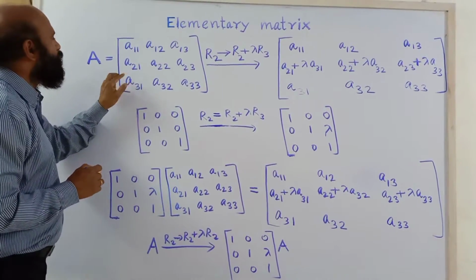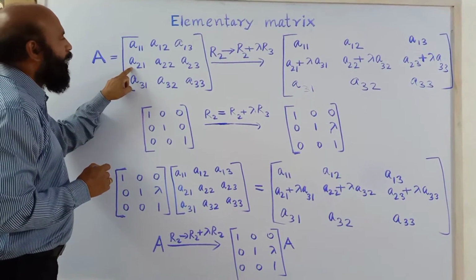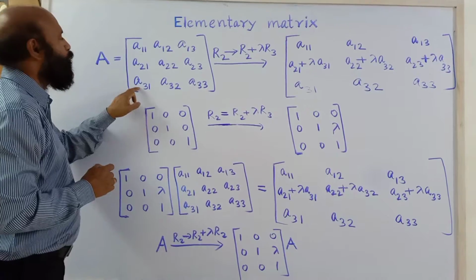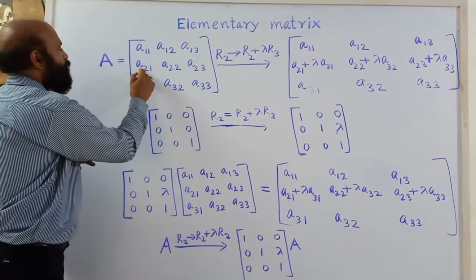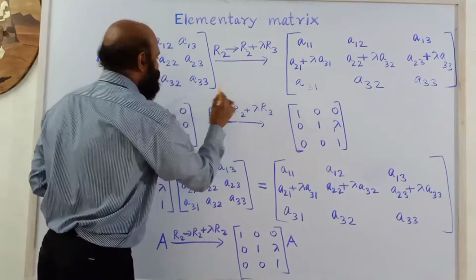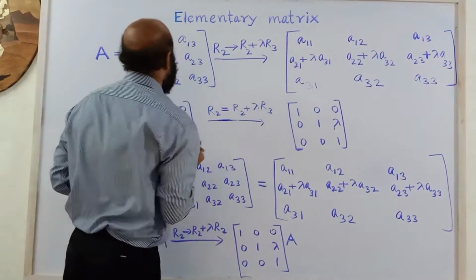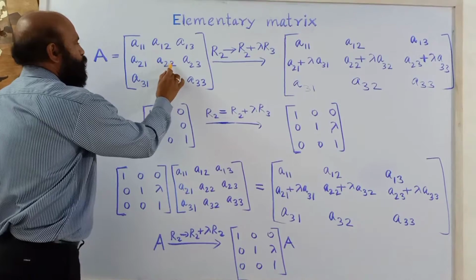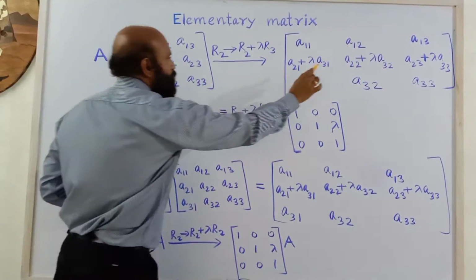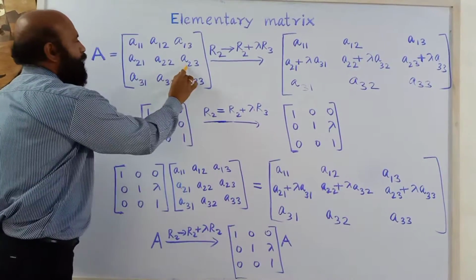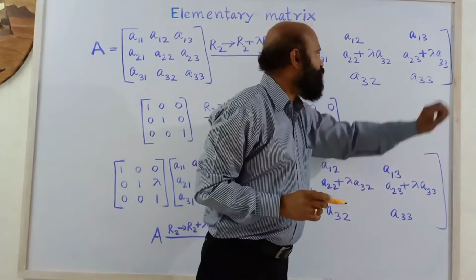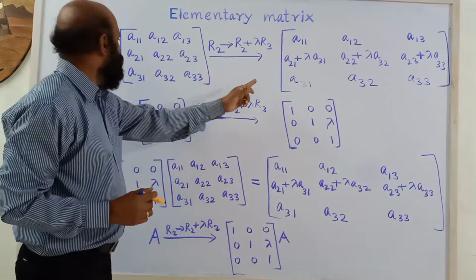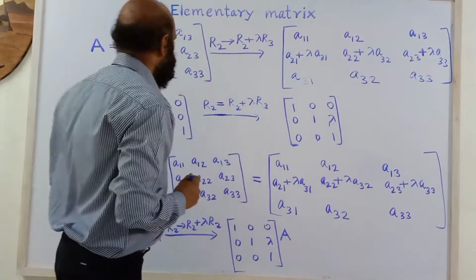The second row is obtained by adding the elements of the third row after multiplying by lambda. So you multiply this by lambda and add to this. So A21 plus lambda times this. Similarly, the next one, A22 plus lambda times A32; A23 plus lambda times A33. Third row, there is no change.